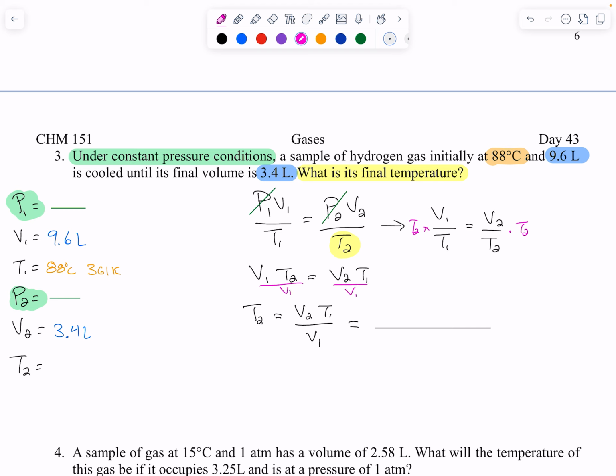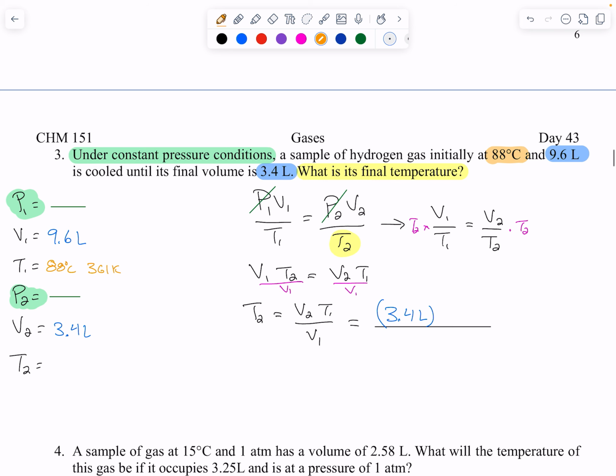All right, so V2 is 3.4 liters, T1 is 361 Kelvin, and V1 is 9.6 liters.